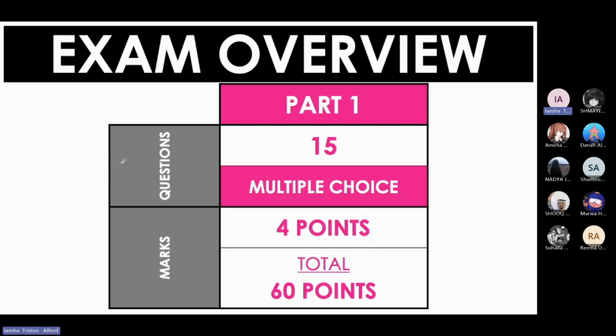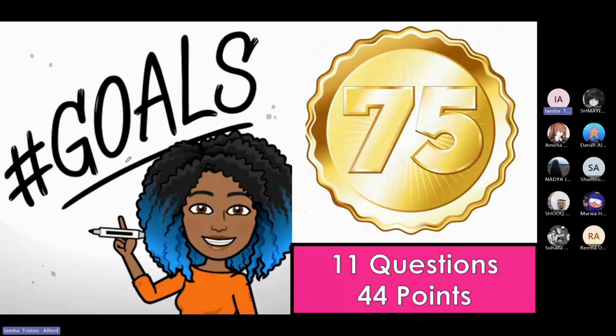The total for this section is going to be 60 points. Your goal in this section is to get 11 or 12 questions correct. As you're going through your exam, just make sure that you're keeping track of the ones that you think you got correct. Hopefully it's going to be 11 or more.